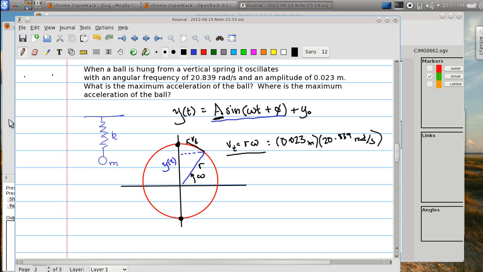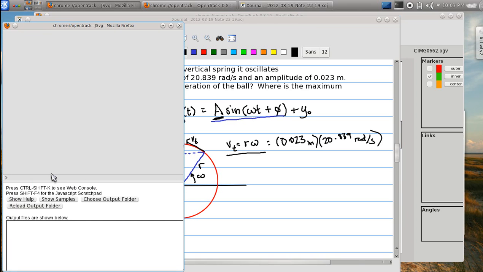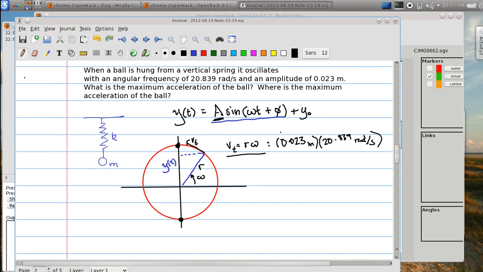Let's put it into a calculator. The tangential velocity equals 0.023 times 20.839, which is about 0.479, roughly. We should probably round it to 0.48.